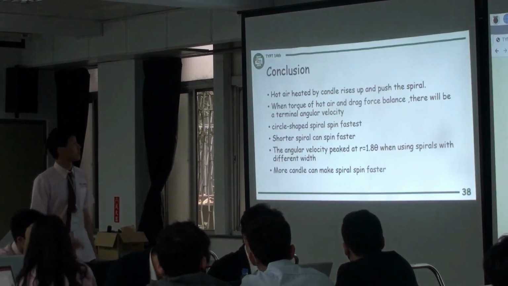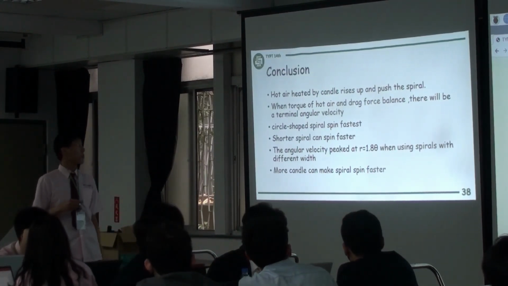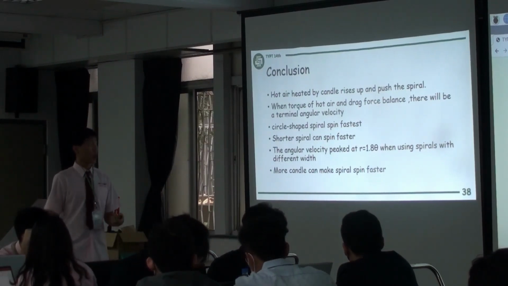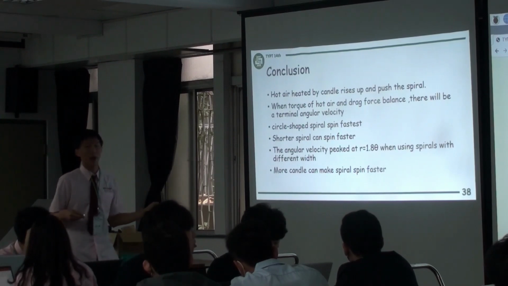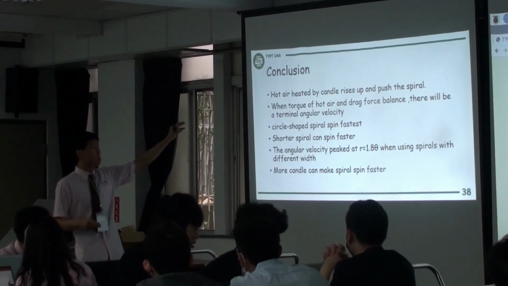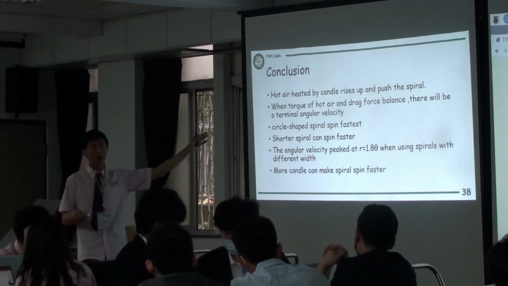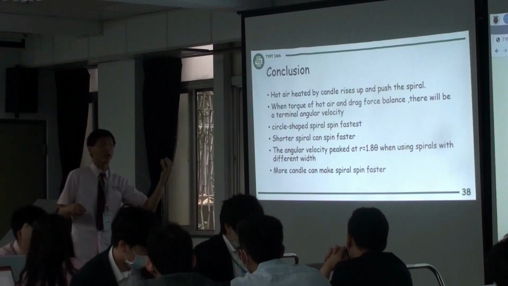Okay, the conclusion. So hot air heated by the candle rises up and pushes the spiral, and when the torque of the hot air and the drag force balance, the angular acceleration alpha will reach 0, and we can use our theoretical model to calculate the hot air torque by measuring the angular velocity.